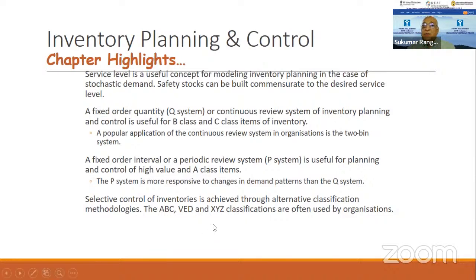That's what I said. I use mostly XYZ because the numbers are limited. Certain items are very expensive, and so I use that. Plus, of course, then you have another classification which we saw: imported, local.